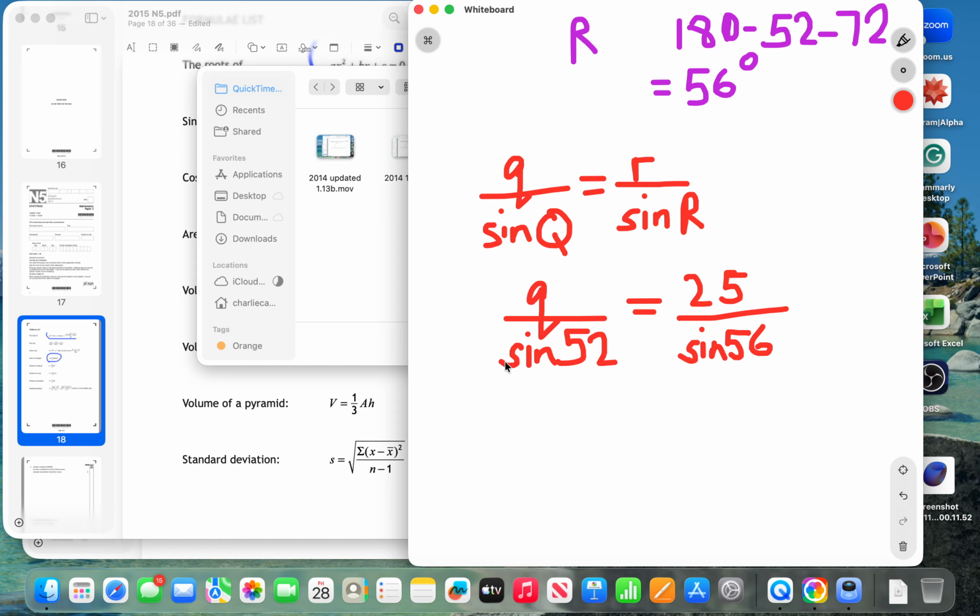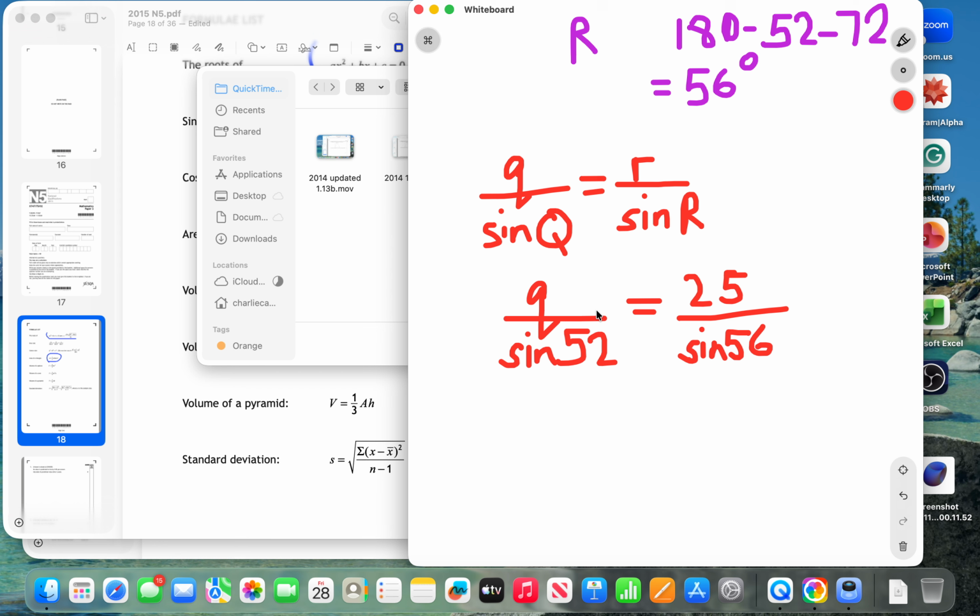So we need to get small q on its own. Now the sine of 52 is dividing on the left hand side. So if we multiply the left by sine 52, it will cancel out and we're left with q.